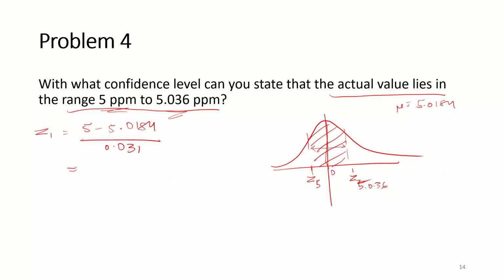Something negative. Minus 0.57, okay. So this is the z value, 0.57. Okay. So you calculated the area under this, from 0 to this.